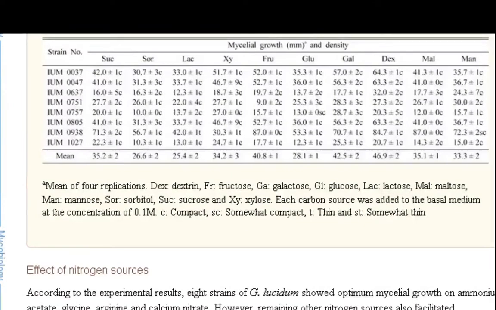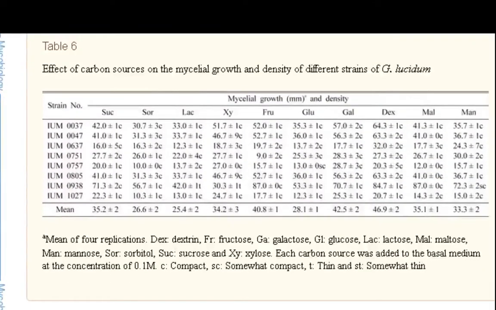So if we run back down here, you can see the levels of growth of all of the different types of strains with sucrose, dextrose, fructose, and glucose. If we look at the general numbers, fructose seems to be low on the list for growth. Well, according to that strain, it's not, but glucose is pretty good all the way around.